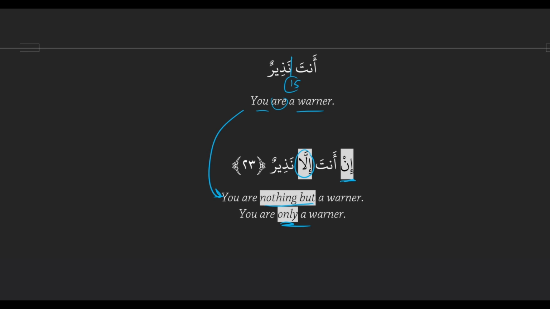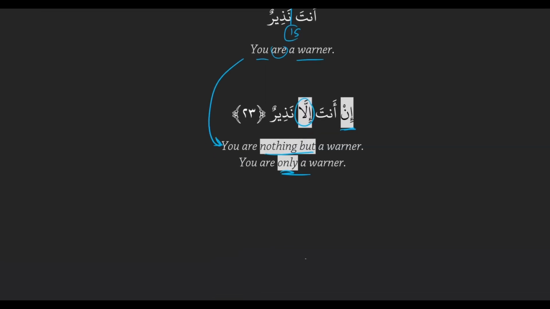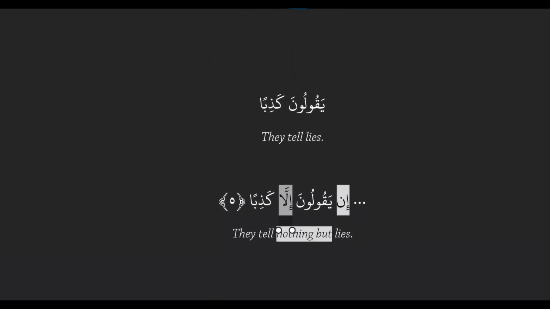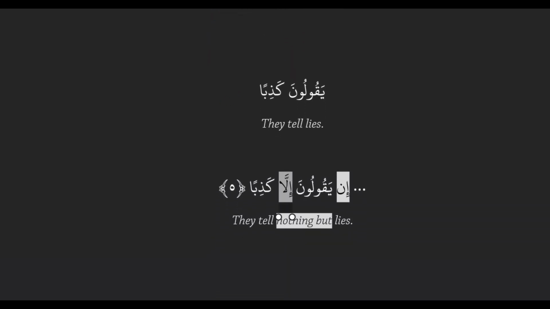So in an is sentence, the illa goes between the before is and the after is. And the in always goes at the beginning, in both is and action sentences. In will always be the very first. Here's an example of an action sentence. We have يقولون كذبا. يقولون is our action and our doer, embedded, and كذبا is just our receiver.